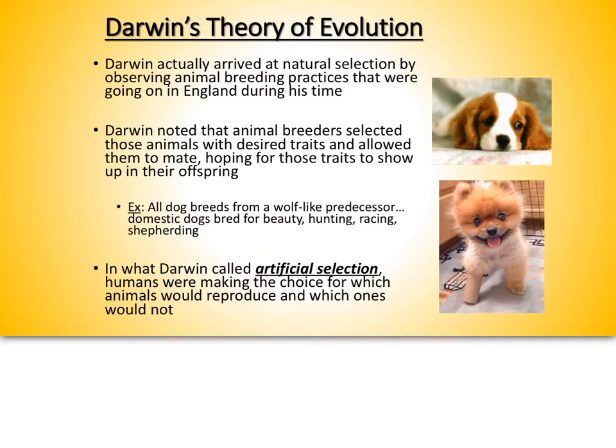Another example, and the reason this slide has these dogs on it, all different dog breeds are technically the same species. In fact, all of our domesticated dog species that we have, even your little tiny toy poodle at home, is the same species as a gray wolf that we see out in the wild. They're the same thing.